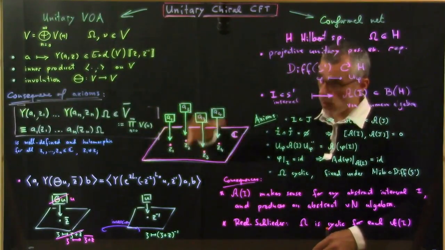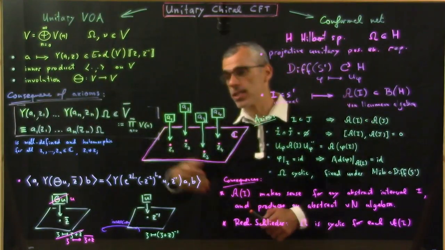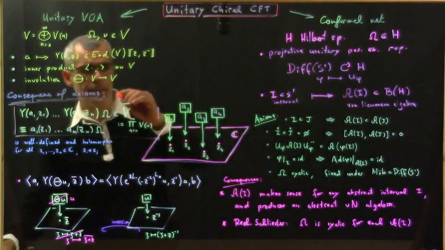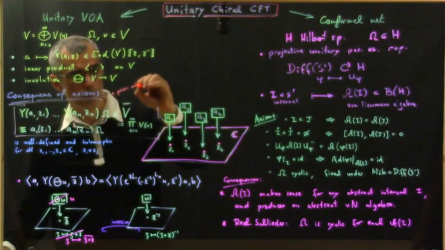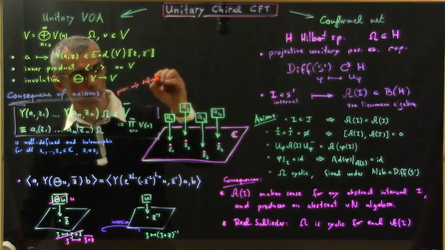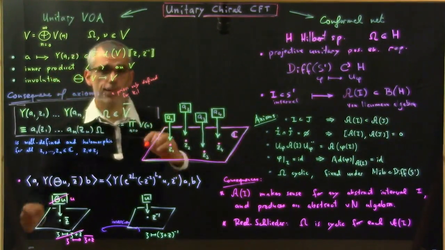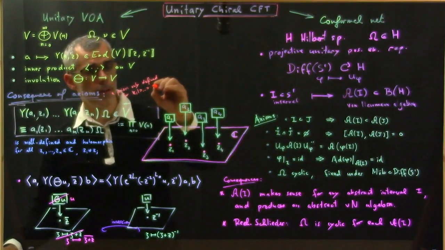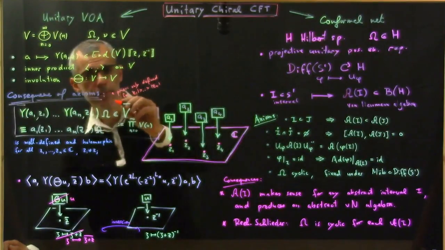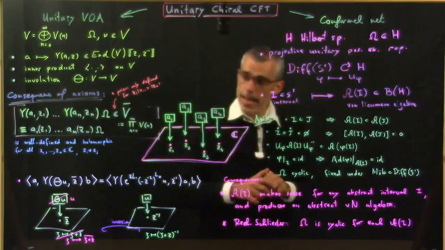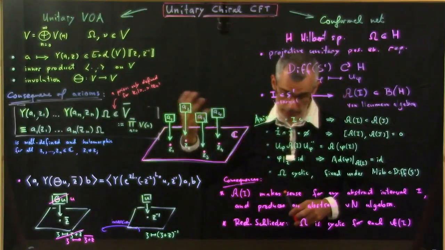Finally, I want to mention one important consequence of the vertex algebra axioms, namely that this expression, this product of fields, which a priori is only defined when the absolute values of the points are ordered in this particular way, in fact, is well defined and holomorphic everywhere, provided the z_i's are distinct.